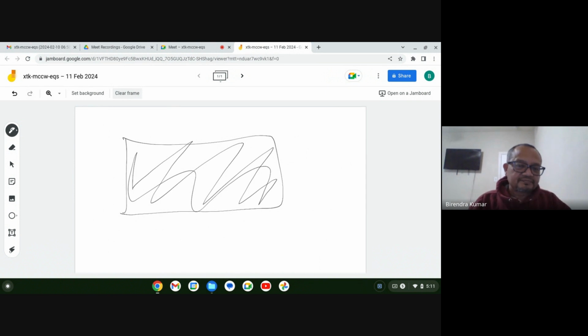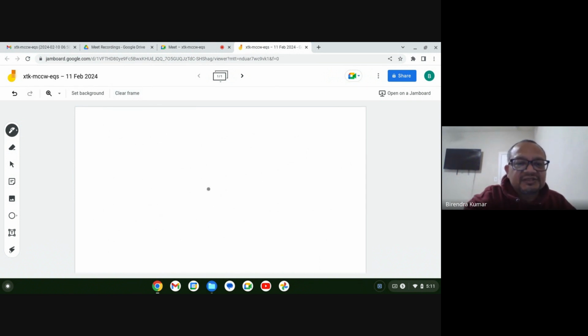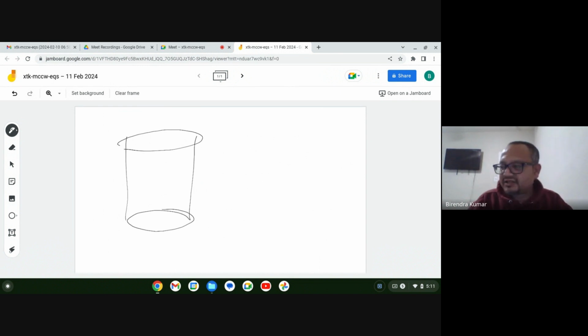So when we talk about any three-dimensional shape or any solid object, we talk about volume, meaning how much space it needs. If you look at this cylinder, it is nothing but a container. We have a lot of utensils at home which look like this. What is the volume of that?